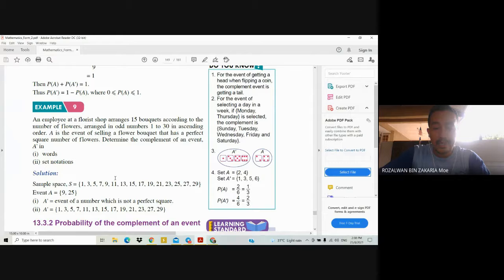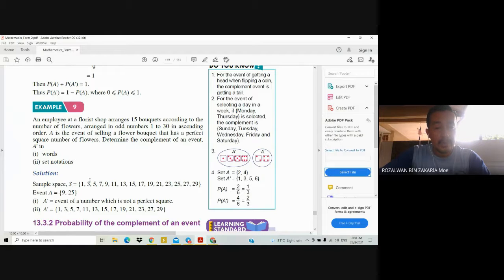In the set notation, you have to write all the possible outcomes, the odd numbers from 1 to 30 in ascending order.